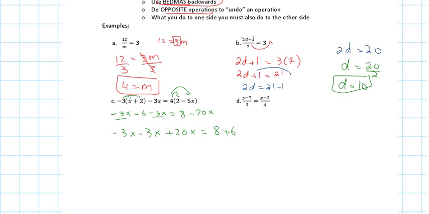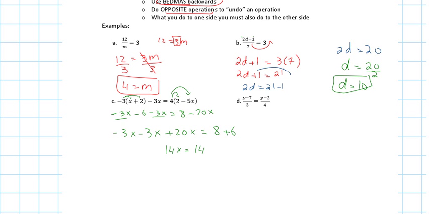So you see right now, I have my like terms on the same side, so I can collect them. Negative 3x minus 3x plus 20x gives me 14x equals 14. Yeah, it's negative 6, right?